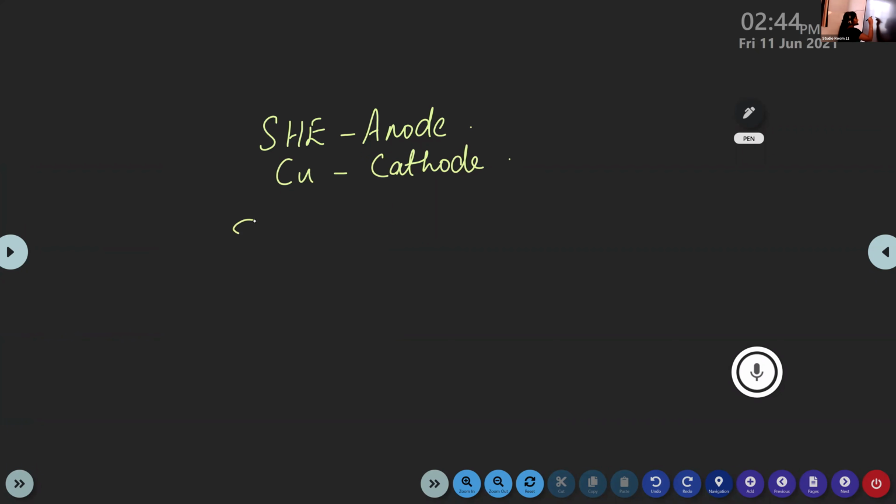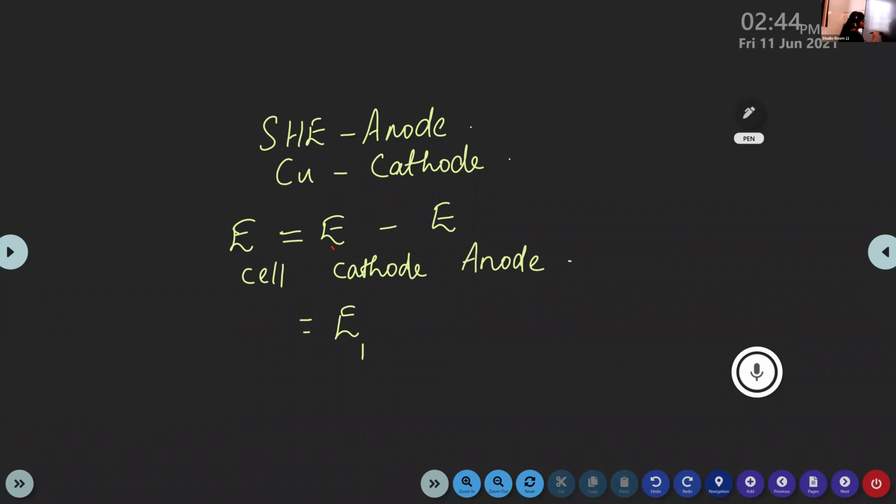Then we know the equation to find out the cell potential: E cell is equal to E cathode minus E anode, or otherwise E right minus E left.